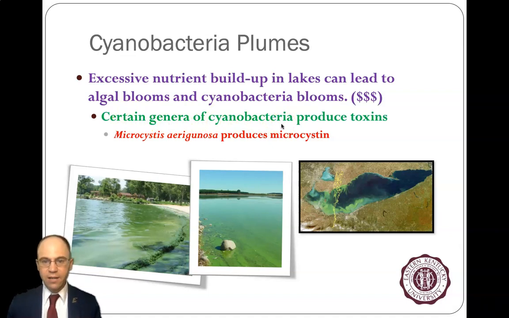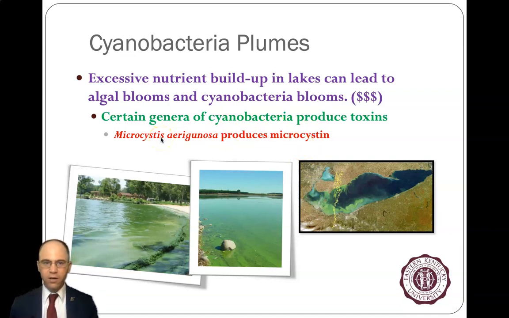So cyanobacteria are called blue-green algae. There are also green algae or plant algae, but the blue-green algae are the ones that we're more concerned with in regards to producing toxins. There are a variety of toxins produced. Microcystis aeruginosa is one genus and species of cyanobacteria, and it produces microcystin.